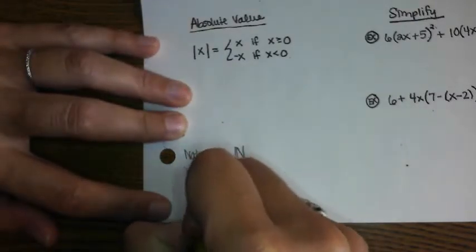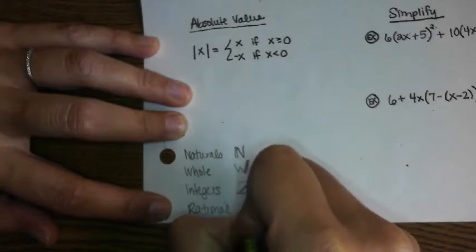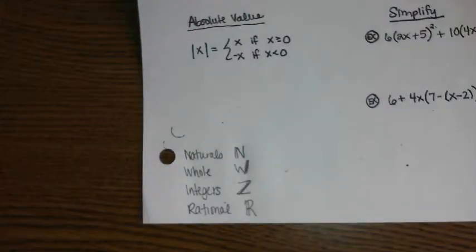Rational is an R. Some of them are obviously self-explanatory. Others, like the integer symbol, I don't really know where that Z comes from. I've never really researched it. I've just always known that that's what that is.